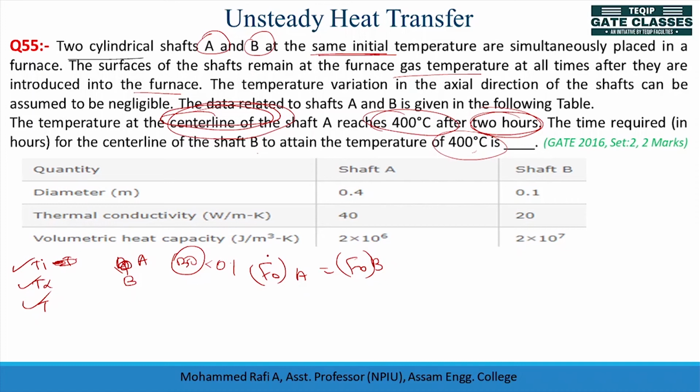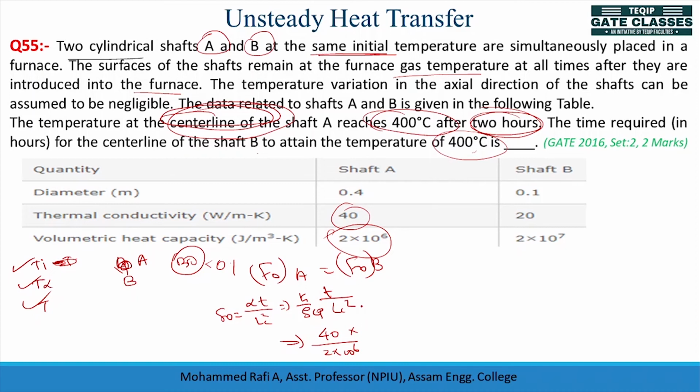So what is the Fourier number? We already know Fourier number is equal to alpha t divided by L squared. Alpha is equal to k by rho cp. So Fo equals k by rho cp into t divided by Lc squared. If I solve this by substituting FoA equal to FoB, then I get k of A is 40, divided by rho cp, which is volumetric, 2 into 10 to the power 6.